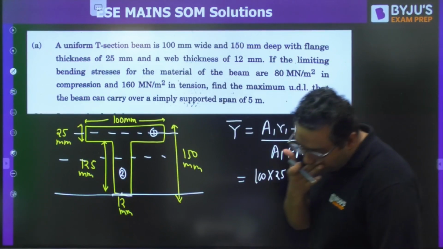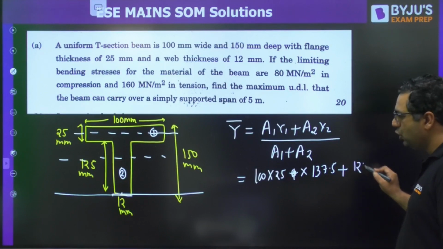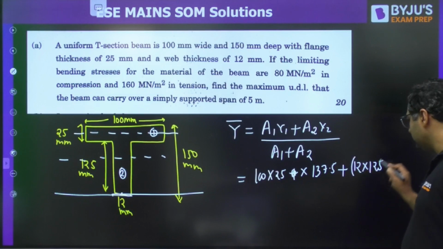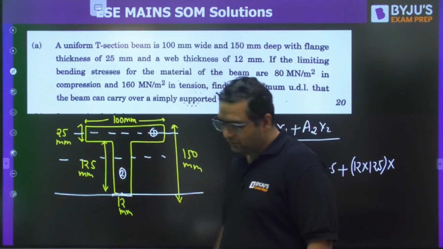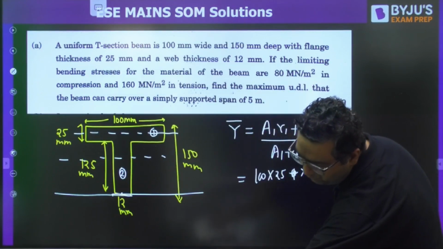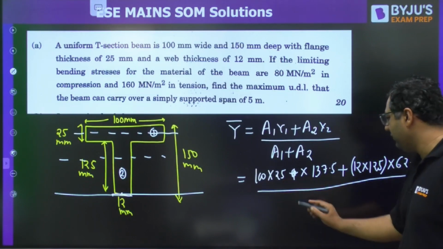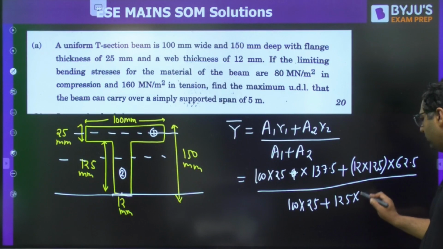Okay, I have done it for you. And yes, this is plus. The second area is 12 cross 125. This is area into distance, 125 by 2, which will be 62.5. Then you will have A1 plus A2, 100 cross 25 plus 125 cross 12.